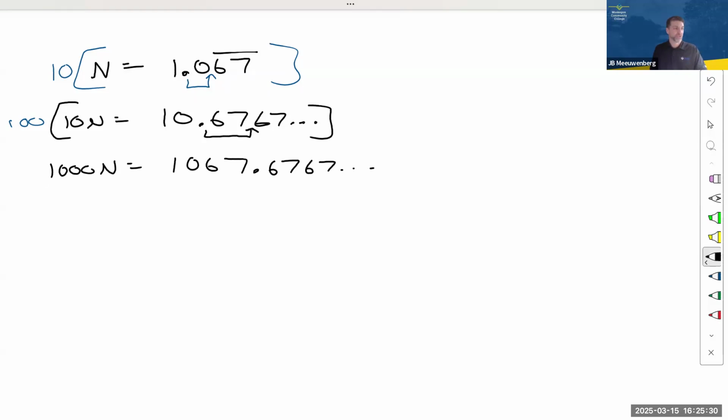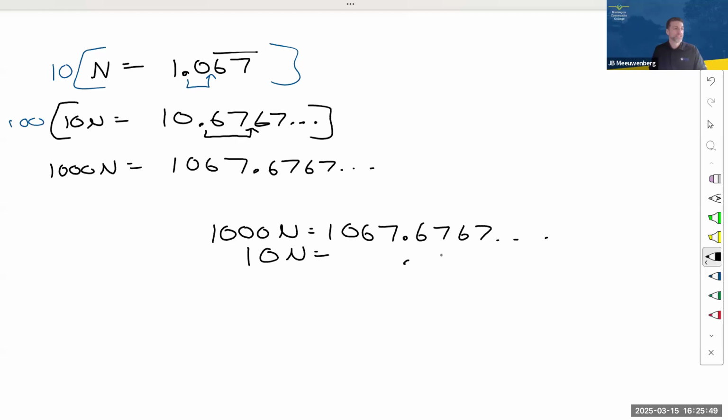Again, it shifted this decimal 2 spots over. We have 1000n equal to 1067.67 repeating. And we have 10n equal to 10.67 repeating.